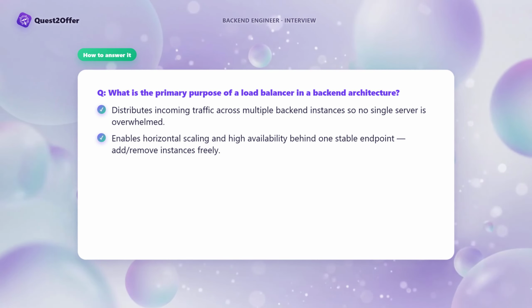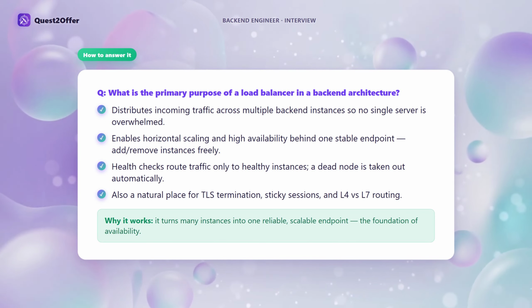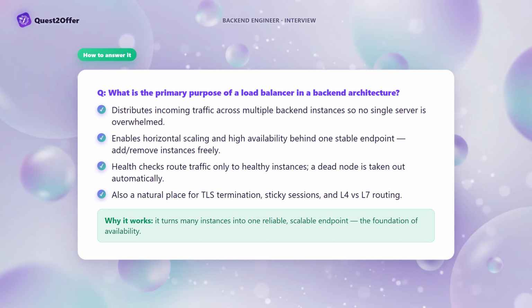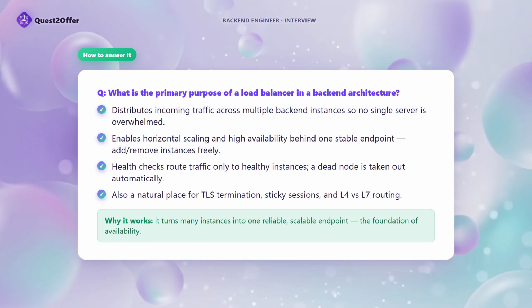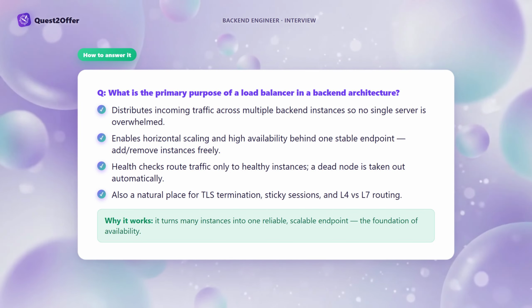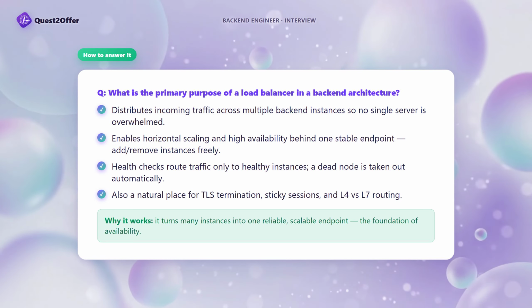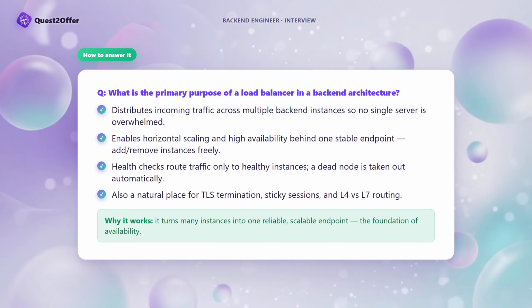A load balancer spreads traffic across many instances, so none gets overwhelmed, and it's what lets you scale horizontally behind one stable endpoint. Health checks pull dead nodes out automatically. It's also where you terminate TLS and do Layer 4 or Layer 7 routing. In short, it turns many servers into one reliable address.